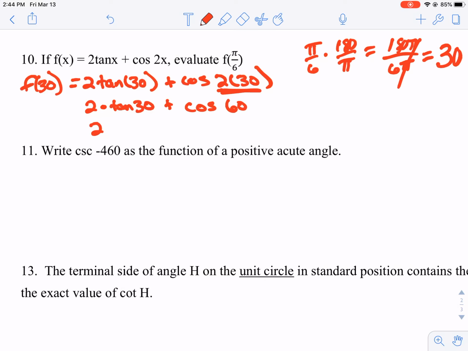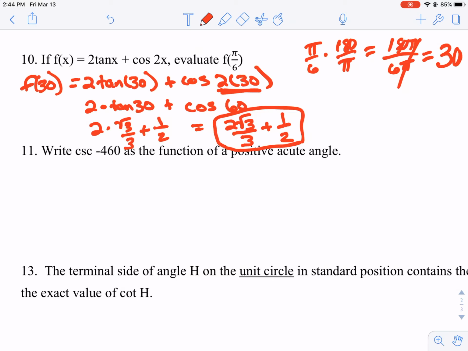Tan 30 is root 3 over 3. Cosine of 60 is 1/2. So we end up with 2 times the square root of 3 over 3 plus 1/2. Those are not nice numbers to add together. We have an irrational square root there, so we are just going to leave the answer in that form.